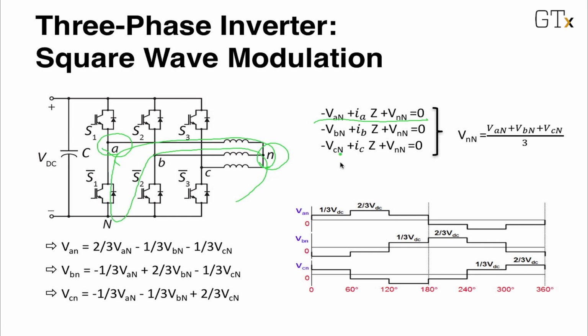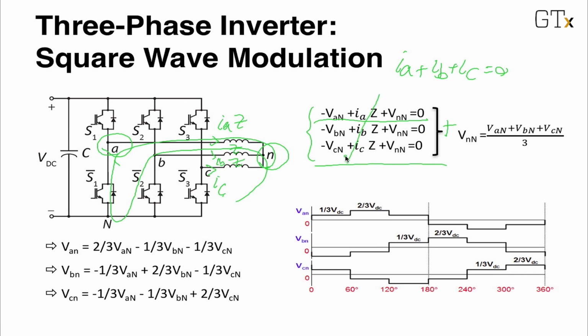The second and third are associated with the similar loops for phases B and C. And this is IA, this is IB, this is IC, and this is Z, which represents a three-phase balanced load. So since the load is balanced, and we know that for a balanced load, IA plus IB plus IC would be equal to 0.